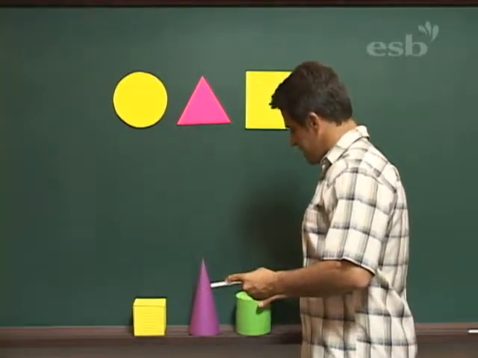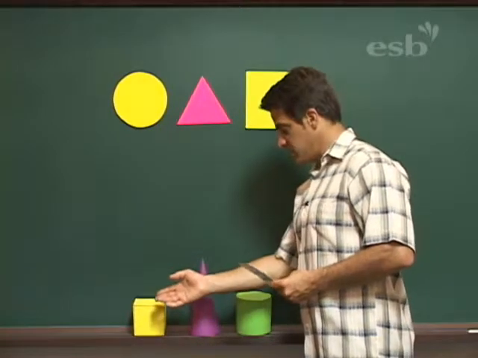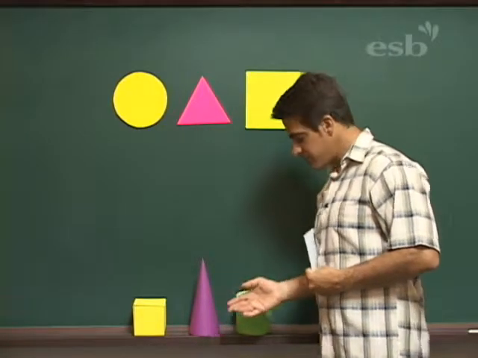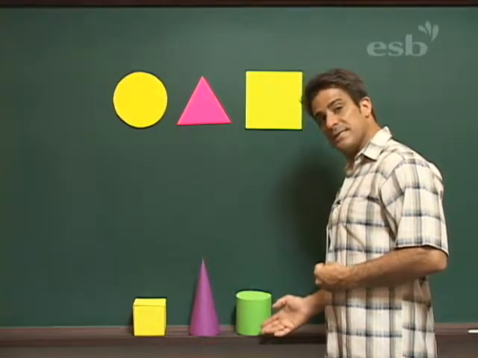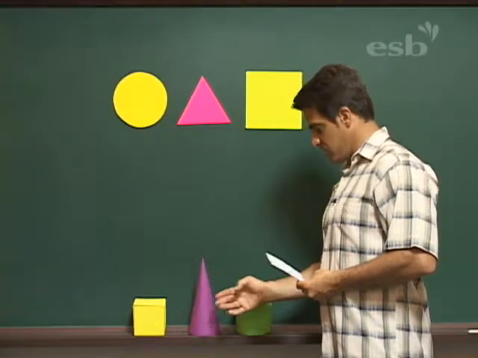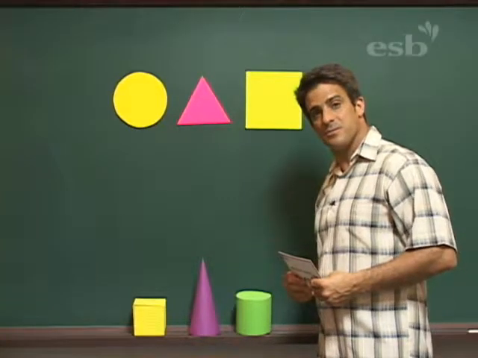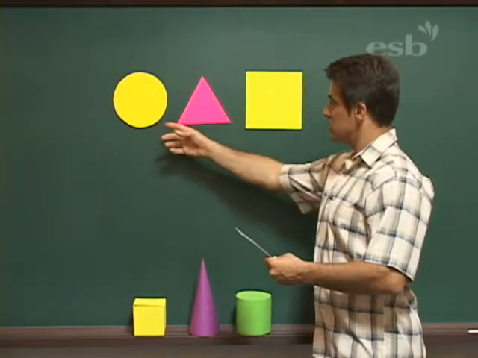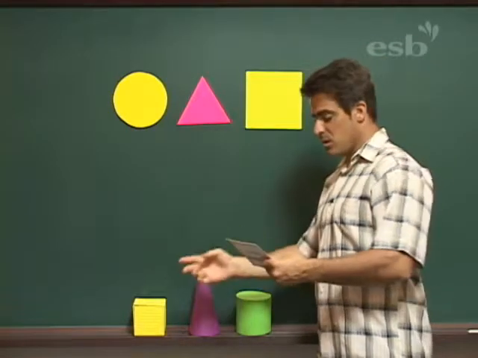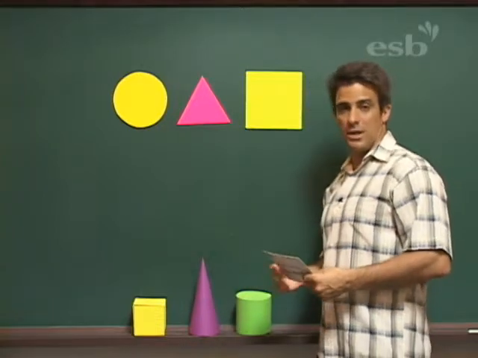So here we see 3 solid shapes. We see a cube, we see a cone, and we see a cylinder. Cubes, cones, and cylinders are all solid shapes. Once again, circles, triangles, and squares are flat shapes. Cubes, cones, and cylinders are solid shapes.